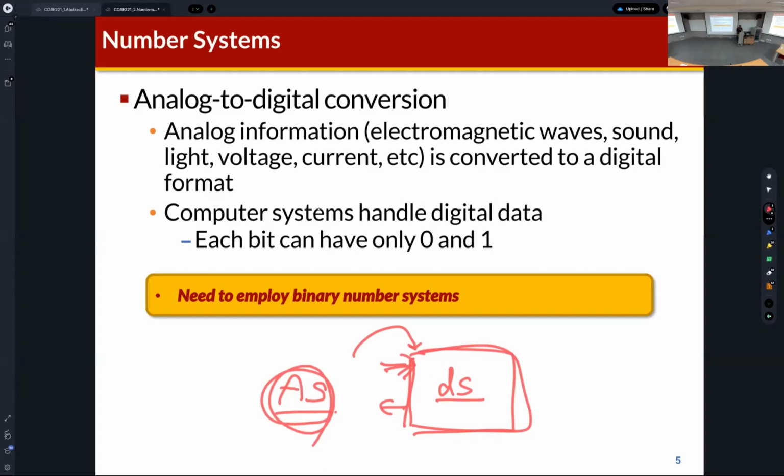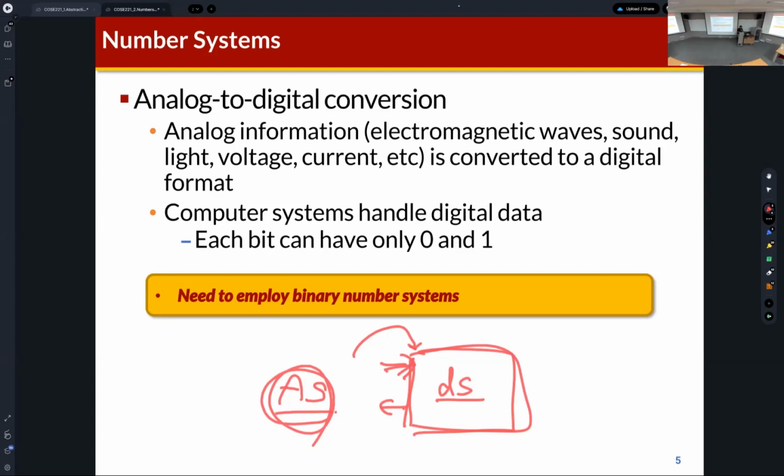For example, we can push some buttons on our keyboard, or we can touch the touch screen of the smartphone, right? This action of touching generates some difference of voltage levels. It's simple, but the voltage level changes if we touch our touch screen or push some buttons on our keyboard.